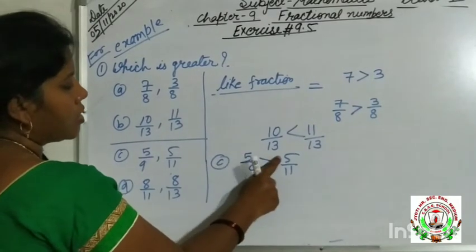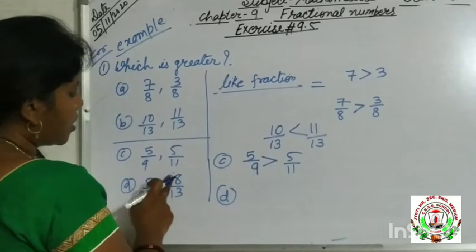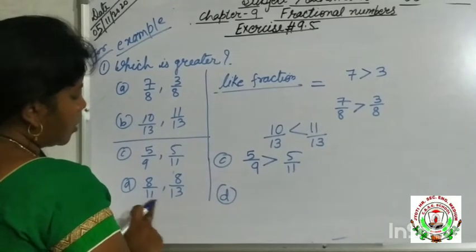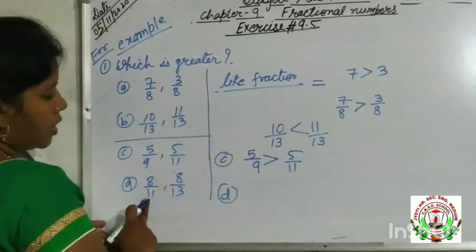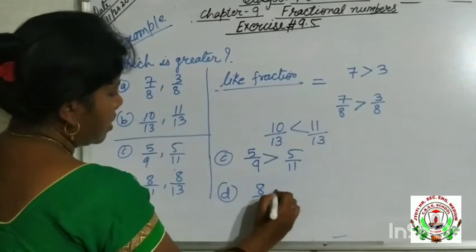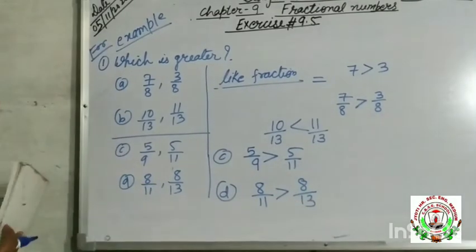When the numerator is the same. Part D also has the same numerator, 8, with 11 and 13. So the smaller denominator gives the greater fraction. That means 8 by 11 is greater than 8 by 13. Understood?